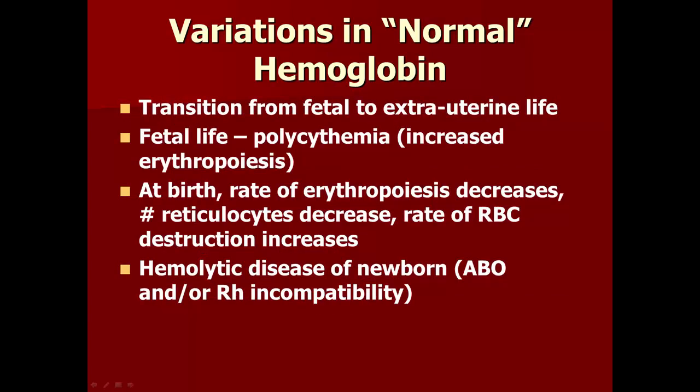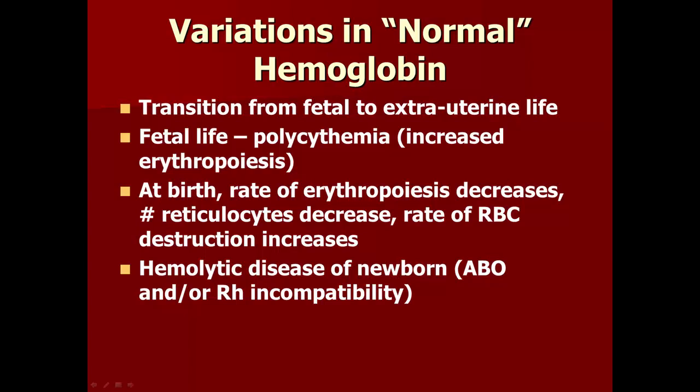One of the other things is we talked about changes in the level of hemoglobin, but as far as that physiologic change, we know that when the baby transitions from fetal to extrauterine life, there are physiologic changes that have to happen.